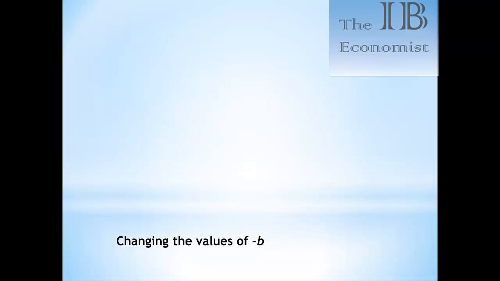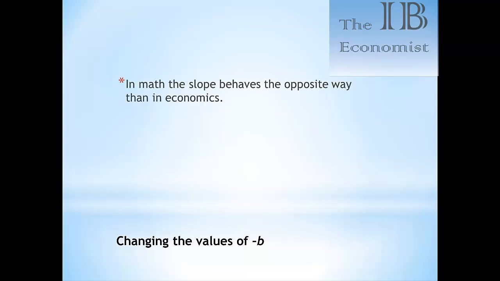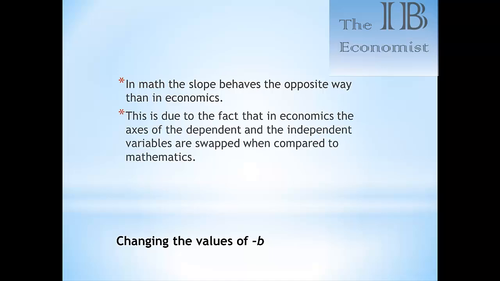Now, some of you who might be more mathematically oriented might find these changes in the slope confusing, and there is an explanation for that. In math, the slope behaves the opposite way than in economics. The reason why this happens is the way we place our dependent and independent variables on the graph. In economics, the axes of the dependent and independent variables are swapped when compared to mathematics.